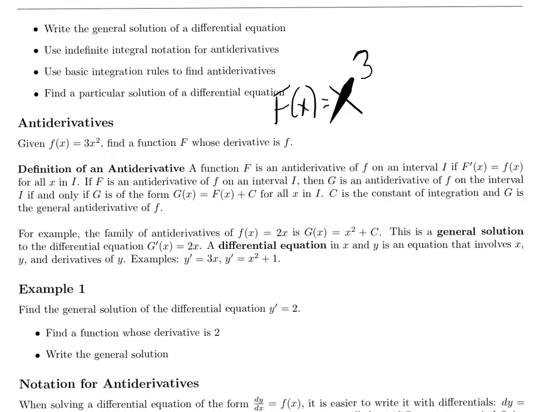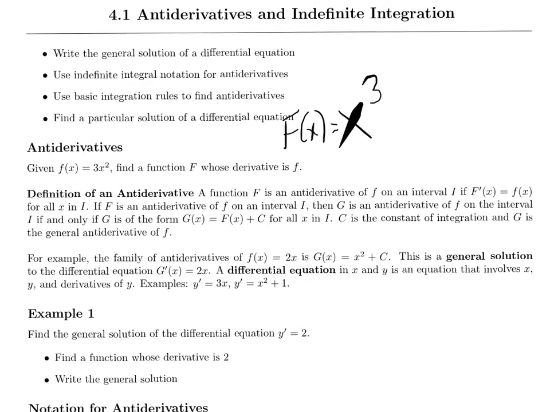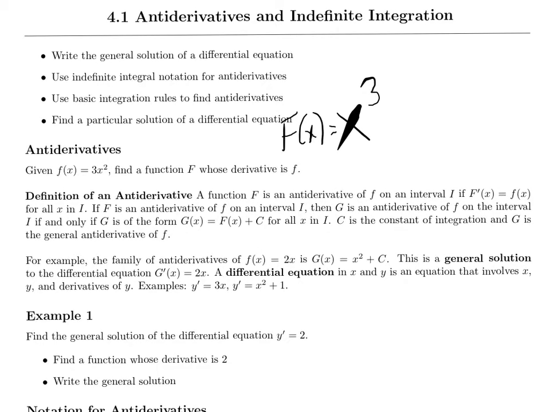Now, is x cubed the only function whose derivative is 3x squared? No. What else? X cubed plus 1, x cubed plus 2, x cubed plus pi. All of those are antiderivatives.